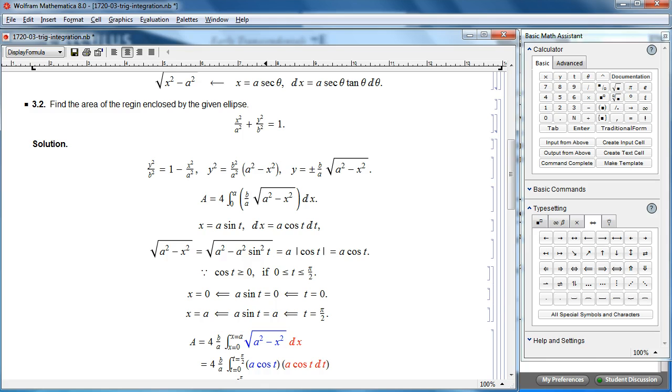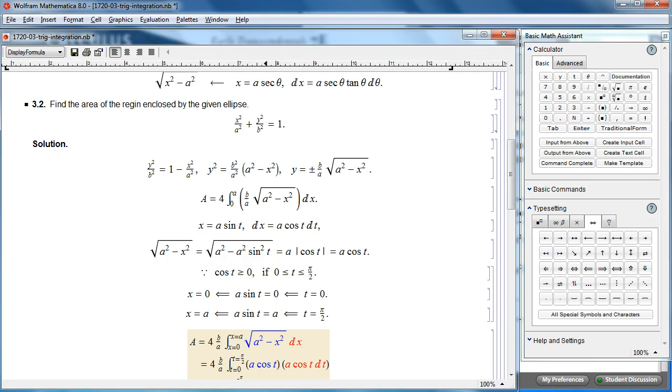And here they are. The first integral is the original integral. X is running from 0 to x equals a. And I just took b over a outside, and the square root is there. The blue square root is the same as a cosine of t, as we did before. And we don't have to deal with the absolute value sign, because in this particular interval, theta is between 0 and pi over 2.